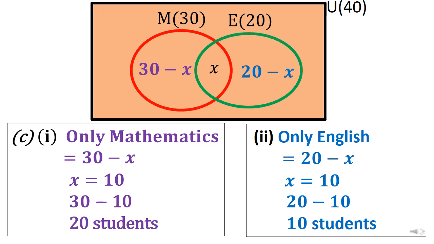So when we take out the intersection out of English, which is green, we have 20 minus x. We know that x is 10. So where we see x, we put 10 there. Now we have 20 minus 10, which is equal to 10 students.